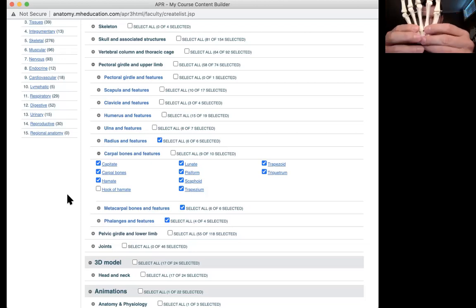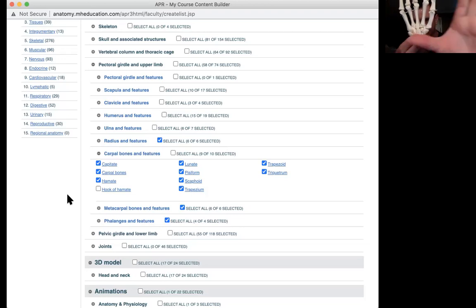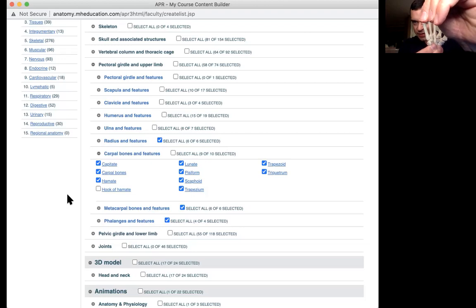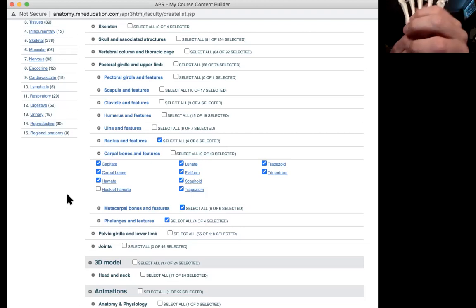The distal row, trapezium. It's connected to the thumb. To grab the trapeze, I need a thumb. I can't grab the trapeze without a thumb. So the trapezium is right there.